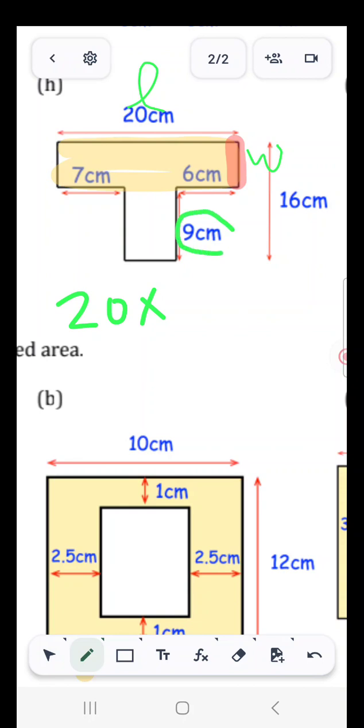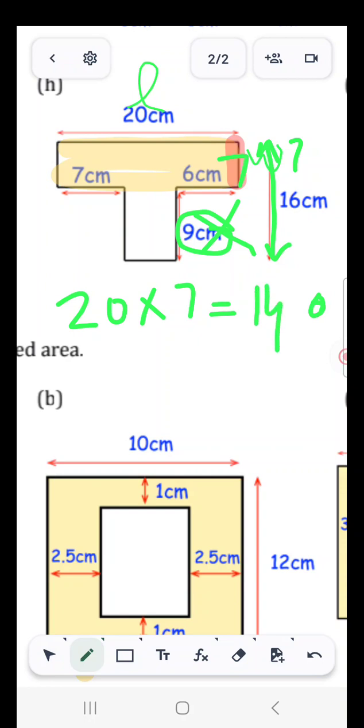This is 9 here, and the total from here to here was 16. So from 16, if you subtract 9, you will be getting 7 at the top. That means it is 7. So 20 times 7 should be 140 centimeters square.